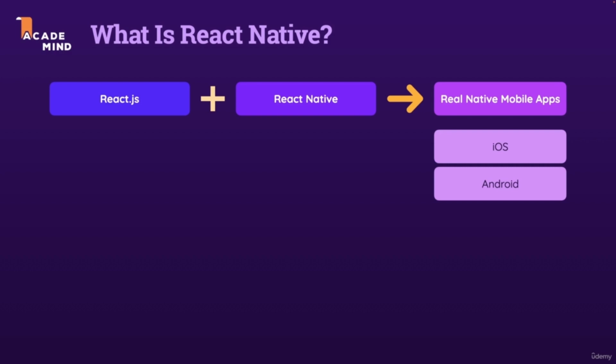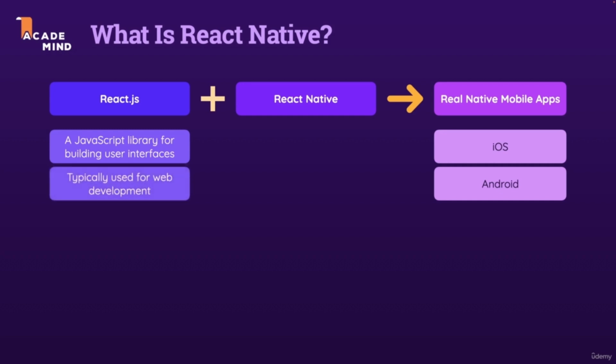Now, React.js is a library that's independent from React Native, though. React.js is a JavaScript library for building user interfaces. And it is typically used for web development. That's also the environment for which it was first created.